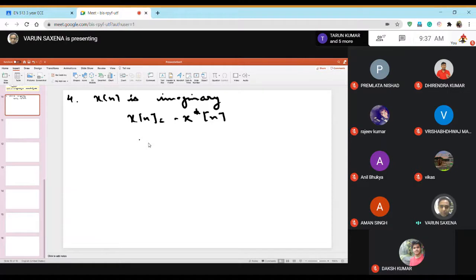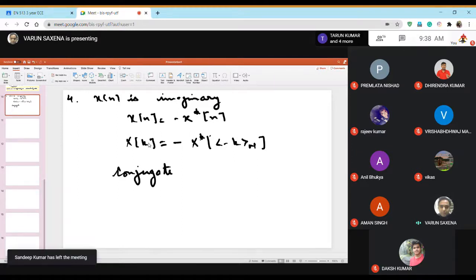So if we take DFT on both sides, capital XK will be same as minus X conjugation of minus k modulo N. So that means that if xn is imaginary, then DFT is going to be, because there is a conjugate sign here, so the word conjugate comes. And then if you remove this conjugation, then you see XK is minus X of minus k modulo N, that means anti-symmetric.